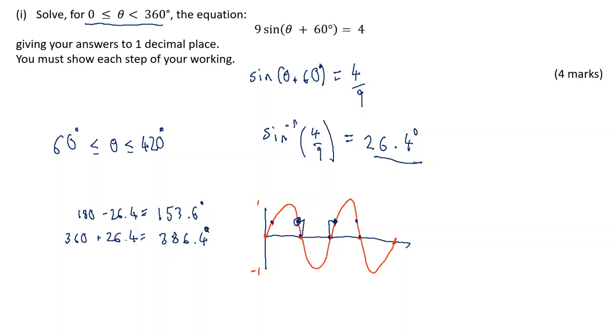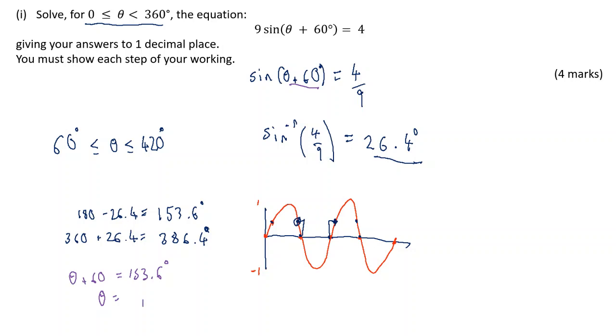Final thing to do, year 12, and this is why this is worth quite so many marks. These values here are our values for theta plus 60, not theta. So if theta plus 60 equals 153.6, to find what theta could be, you subtract 60 from both sides.